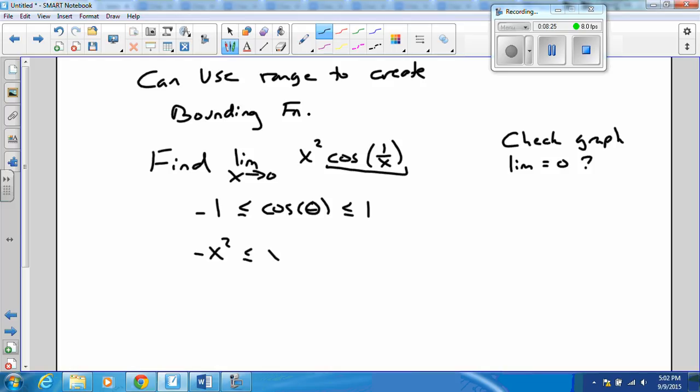And so this suggests, in fact, it demonstrates that x squared times the cosine of 1 over x will always be trapped between -x squared and x squared. Notice that this only works because x squared is non-negative.